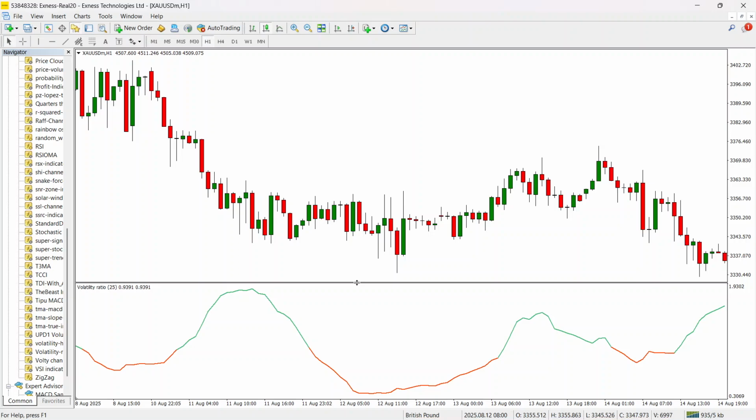However, the indicator measures past volatility relationships rather than predicting future direction. Extreme readings can persist longer than expected during trending markets, and it should be used with price action analysis and proper risk management rather than as a standalone system.